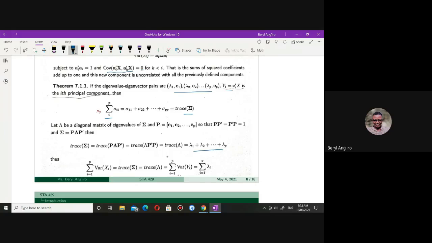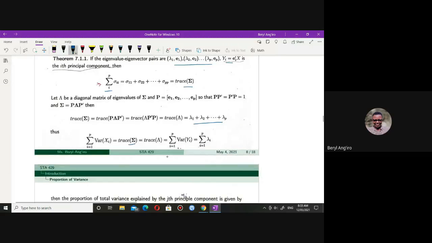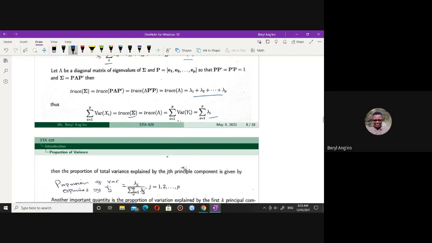And therefore, the sum of the variances of xi will again be the trace of sigma, which will again be the sum of the eigenvalues.